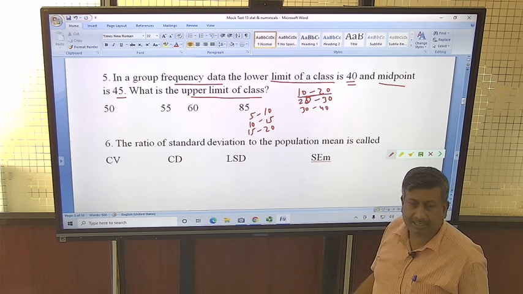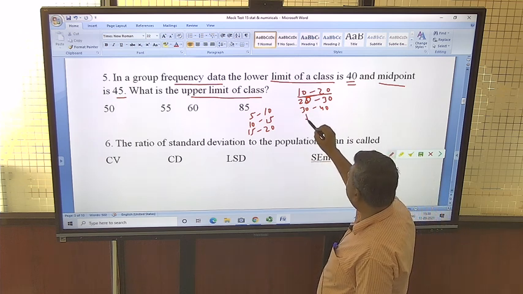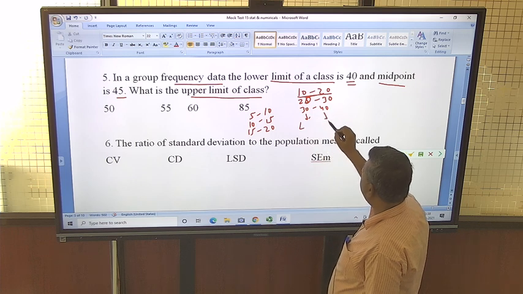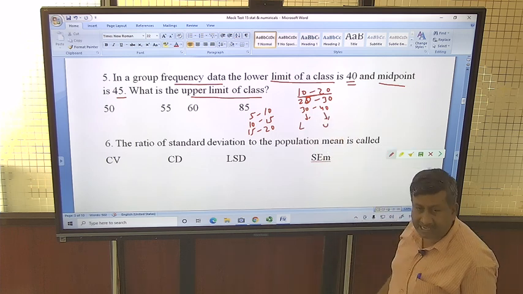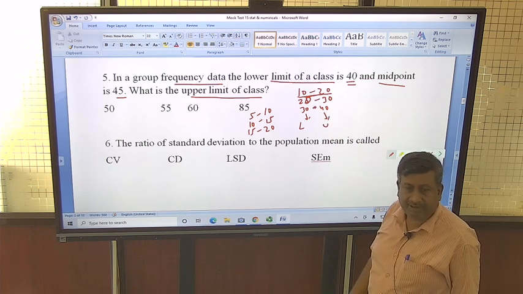So what the class interval is depends upon the type of data. In such data, it is known as the lower limit and the upper limit, and the midpoint is in between both, the average of both.